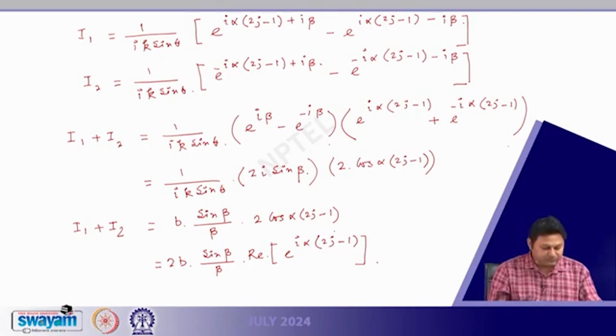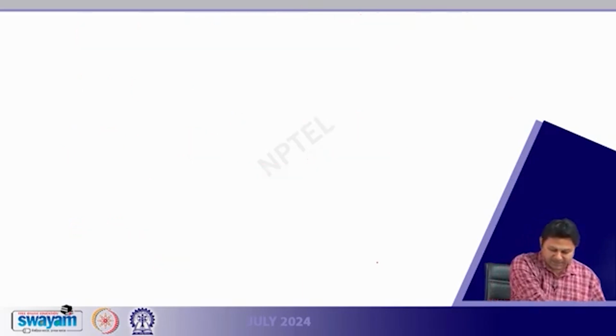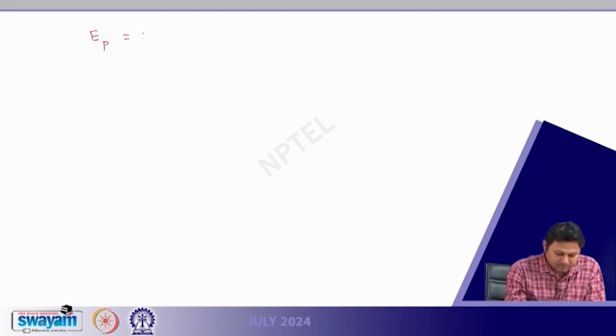So, then once we have this, my EP that I need to calculate is essentially E0 and sum over I1 plus I2.